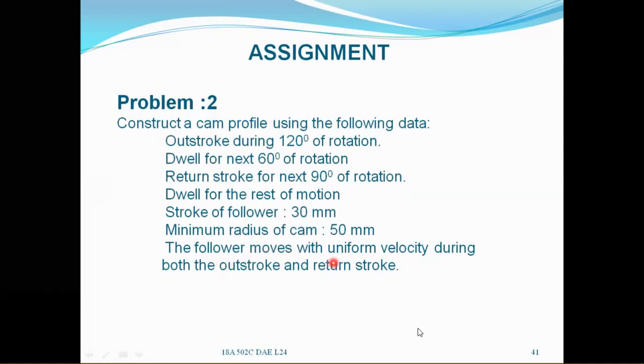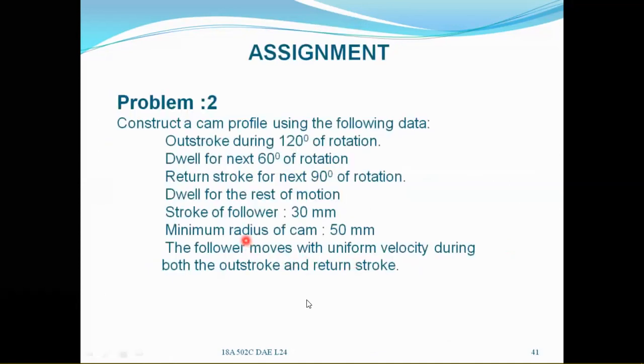The follower moves with uniform velocity during both the outstroke and return stroke. This is the same as the previous problem, only the angles and stroke have changed, but the procedure will be the same as the first problem solved.